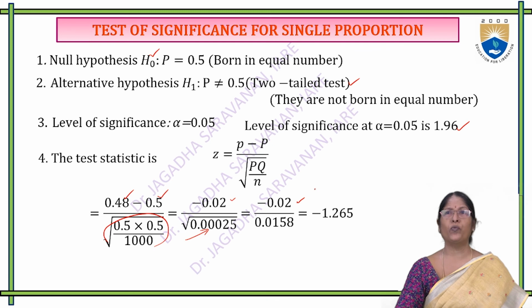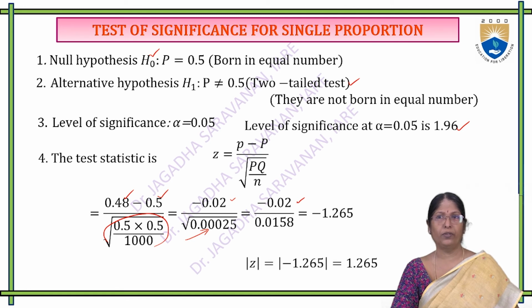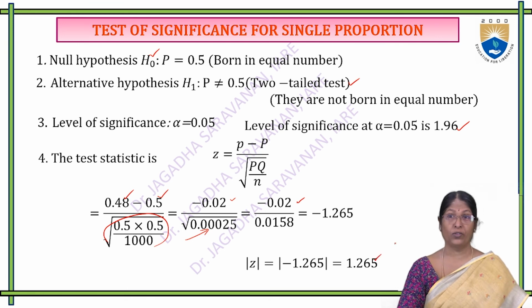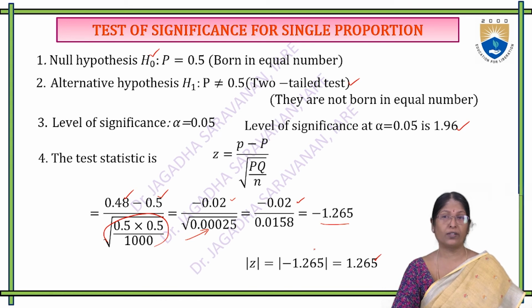The fraction we obtained after the calculations, minus 0.02 divided by 0.0158, is equal to minus 1.265. So mod z equal to 1.265. If you are not taking modulus, it will affect the entire result, the output of the solution of the problem.